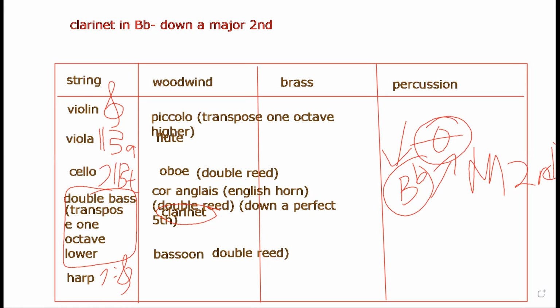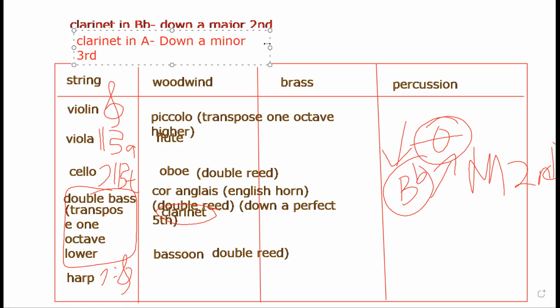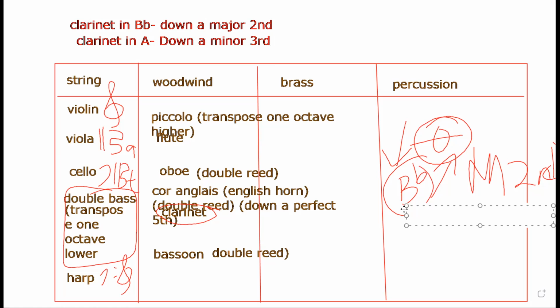So there's another one called clarinet in A. So what do you think? What do you get? Yeah, down a minor third. So you will be down a minor third. Do you know how you get it? Because for A, you must choose the one closer to the middle C. So you cannot choose a high A, choose a lower A. So A to C. So in A major the C is supposed to be C sharp, so now it becomes a minor third.